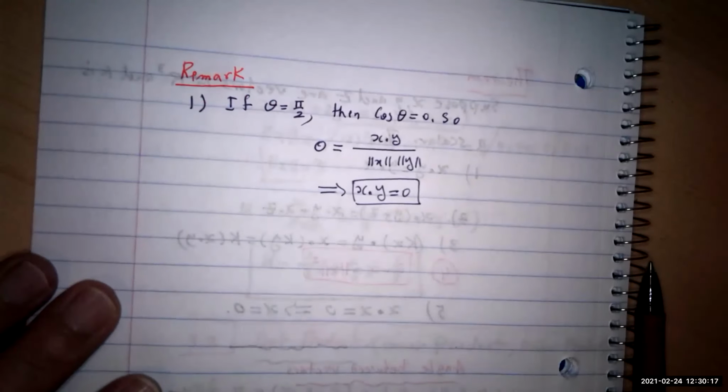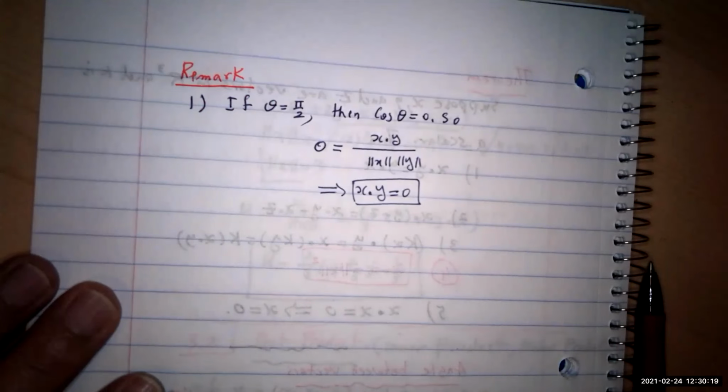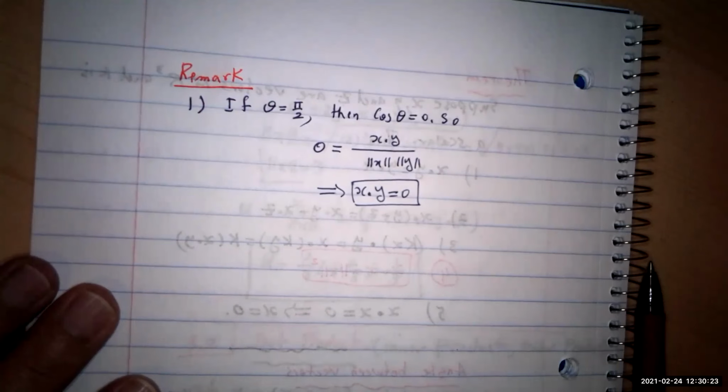So two vectors are going to be perpendicular or orthogonal if the dot product is equal to 0. We need to know this one, okay?